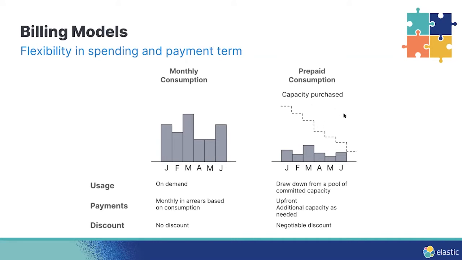A new model that we're offering is called prepaid consumption, where you're able to pre-purchase ECUs or credits for use, pay for them in advance, and in exchange, you can negotiate a discount. And then we track the balance and deplete the balance according to the consumption over time, which reduces the amount of invoices and payments over that period, and also allows you to gain a certain discount where your cost basis is going to be lower if you know that you're going to spend this amount in that given time.